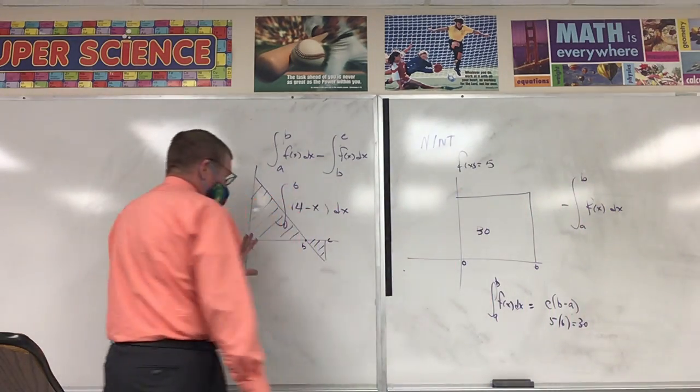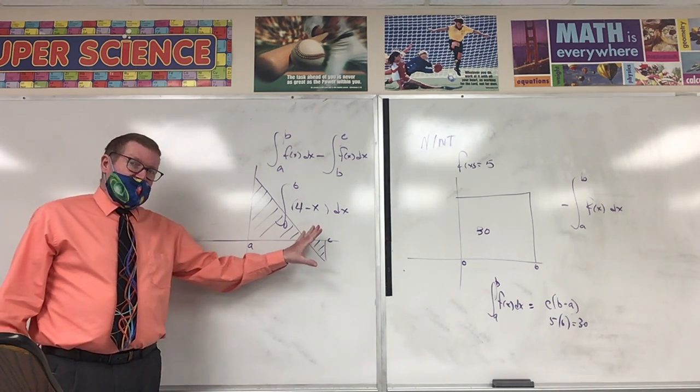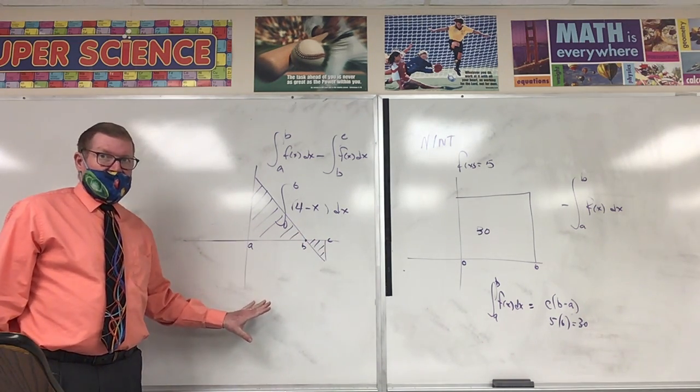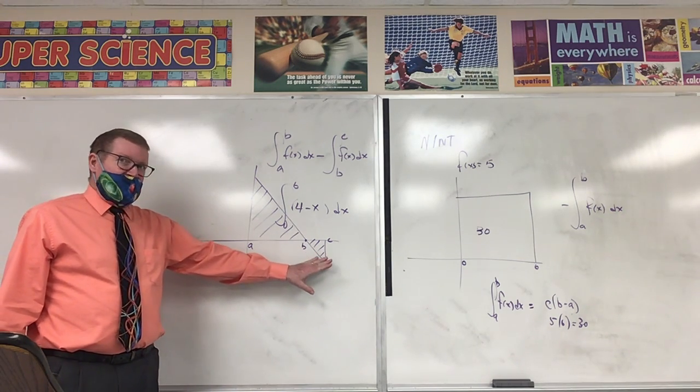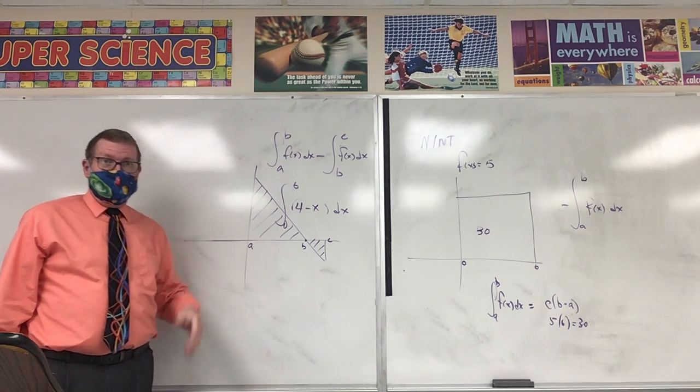Because when we do the integral, it doesn't take into effect the top and the bottom. It doesn't make this negative a positive. So you'll actually get 6 like you did earlier.